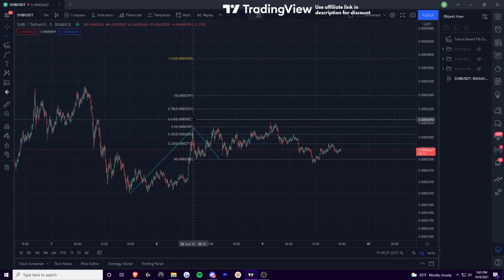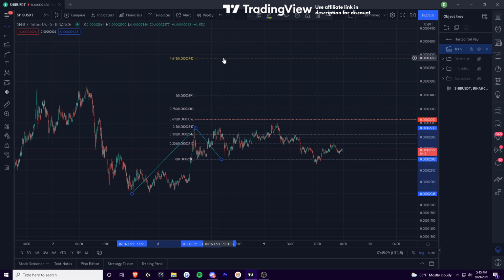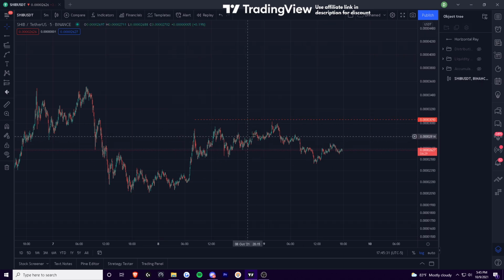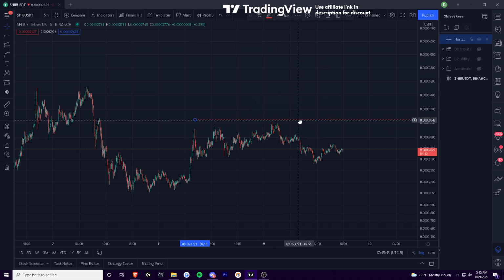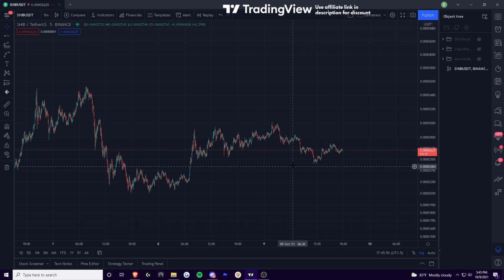It would have been here. So you can see that using the Fibonacci extension, and we'll talk about that in another video, I was able to get this within, I don't know, a couple percentage points? Under 1%. So I missed the top by under 1% using that method.